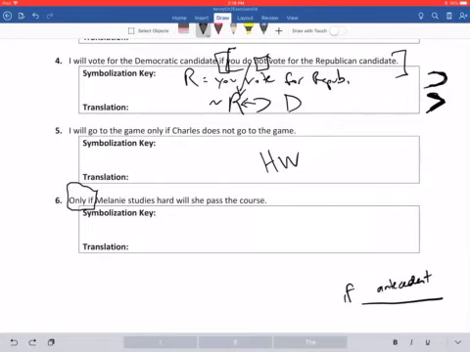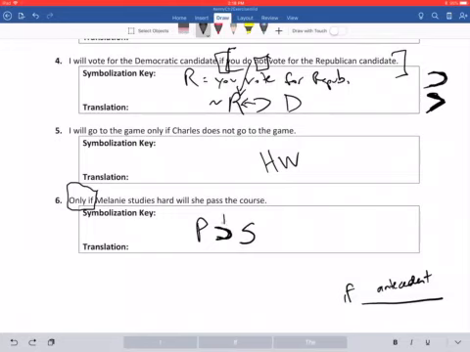With only if it's the reverse, okay? Whatever comes after the only if is going to be the consequent. So only if Melanie studies hard will she pass the course. So she will pass the course, P, only if she studies hard.